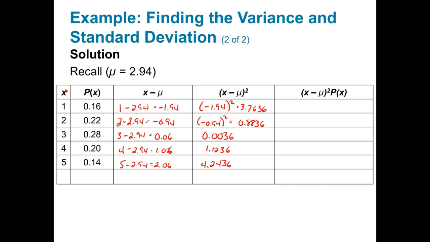Last step, you're just multiplying this number that we got in this column, in this case 3.7636, times the probability. So now is where you're going back and using this second column. So 3.7636 times 0.16, which gives us 0.602.